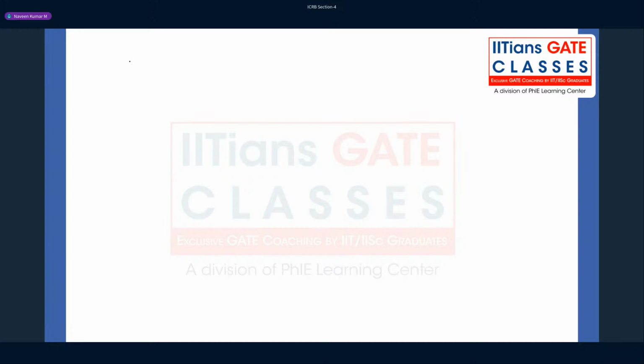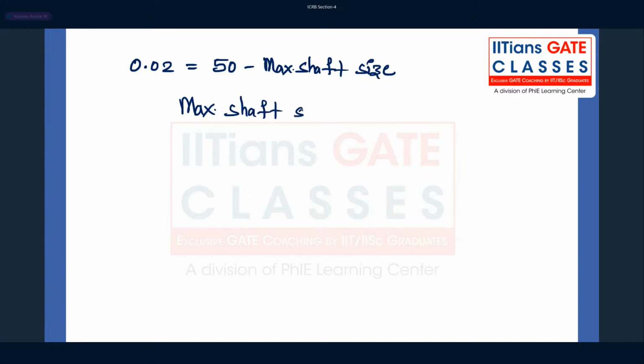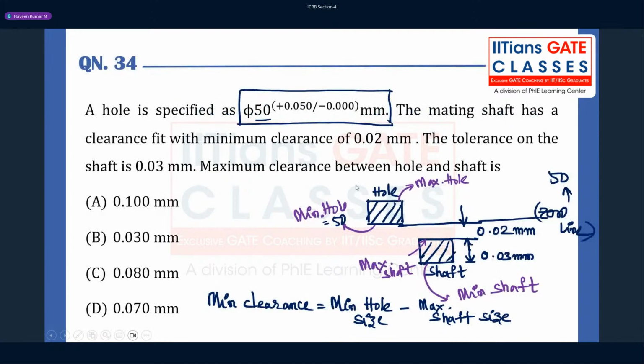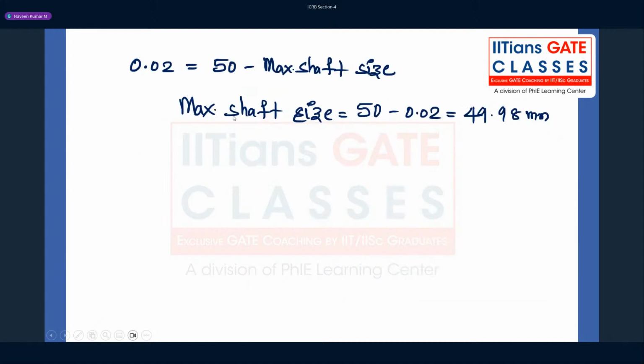So 0.02, from the previous formula, is equal to 50 minus max shaft size. The max shaft size is equal to 50 minus 0.02, that is 49.98 mm. Why have we found the maximum shaft size?